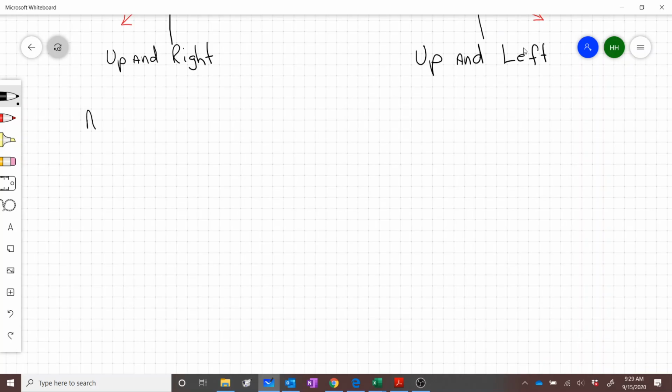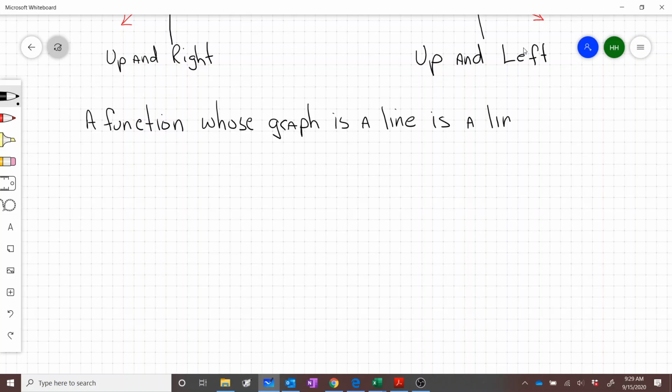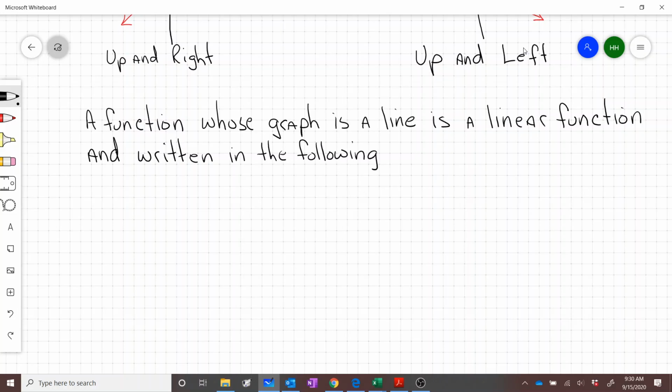Alright, a function whose graph is a line is a linear function, and written in the following forms.